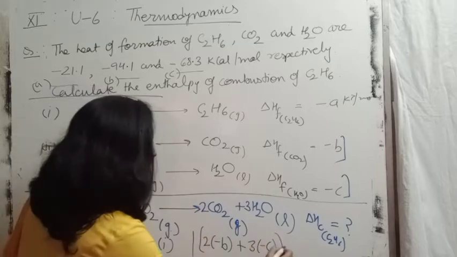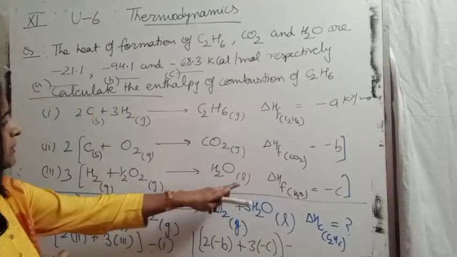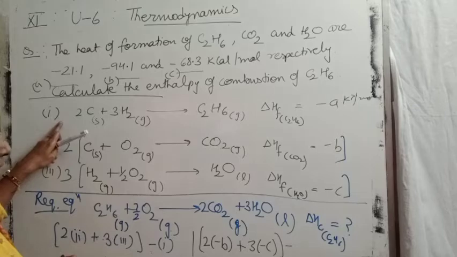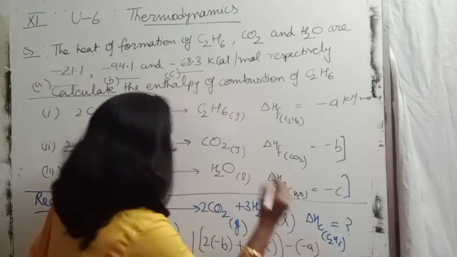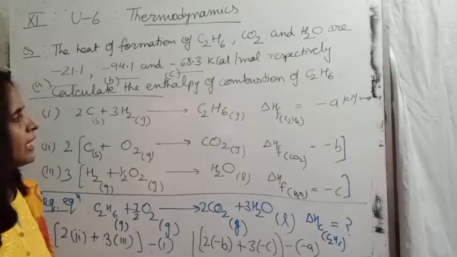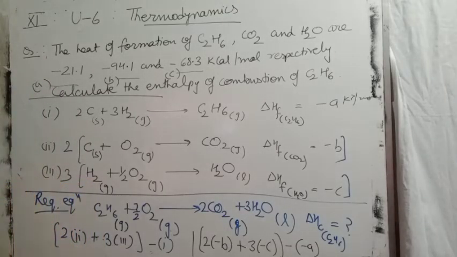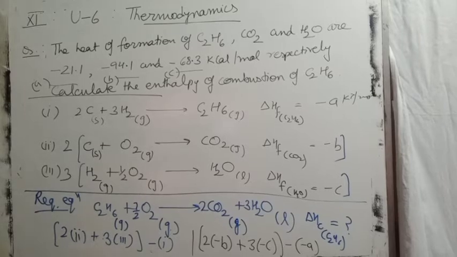From this sum, subtract the enthalpy change for equation 1, that is A. Solve it, you will get the answer for the enthalpy of formation of ethane, and that is required.